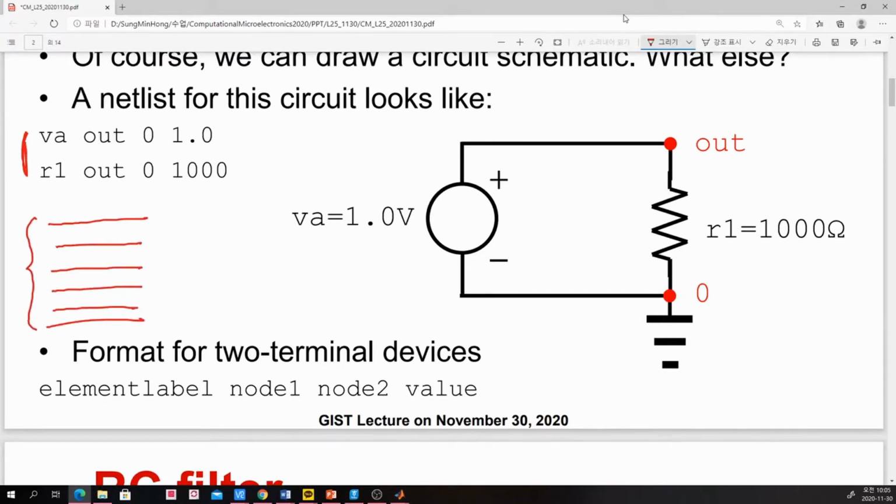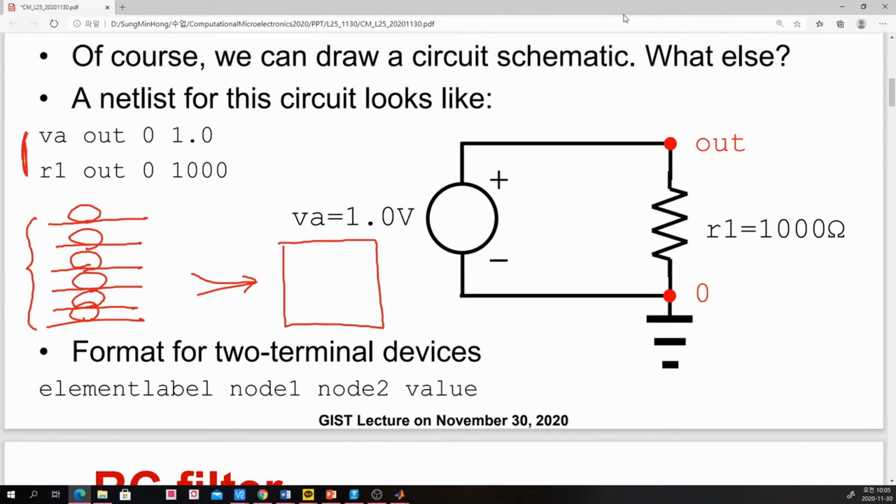However, this description internally contains the connectivity information, and out of this list we should be able to build the connectivity information. So you know that this is additional effort from the developer side.